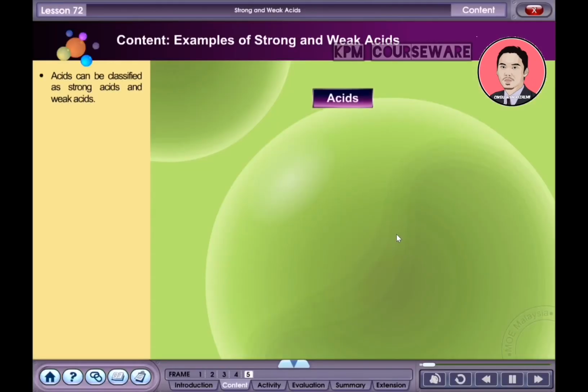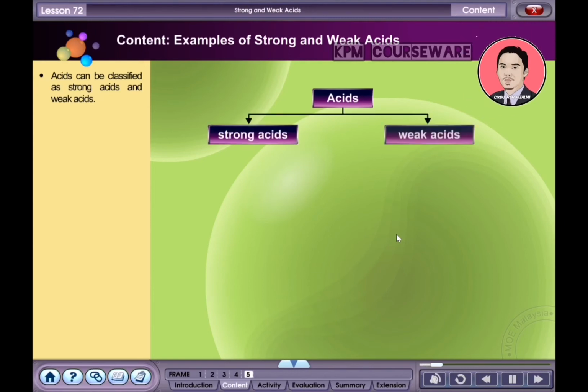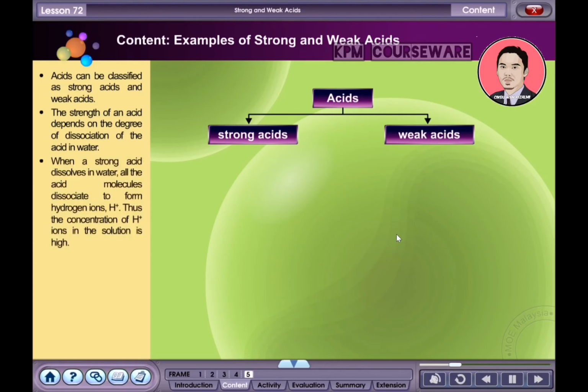We have learned that acids can be classified as strong acids and weak acids. The strength of an acid depends on the degree of dissociation of the acid in water. When a strong acid dissolves in water, all the acid molecules dissociate to form hydrogen ions.